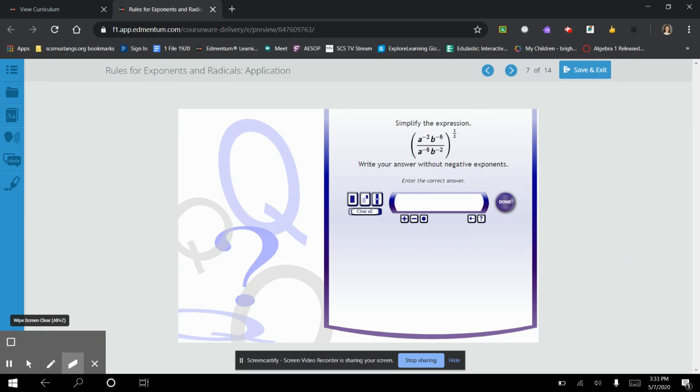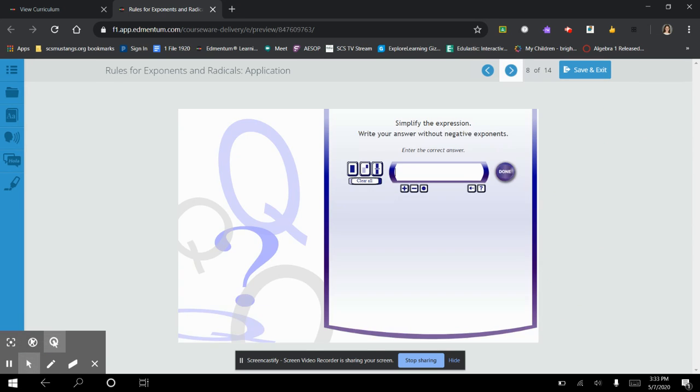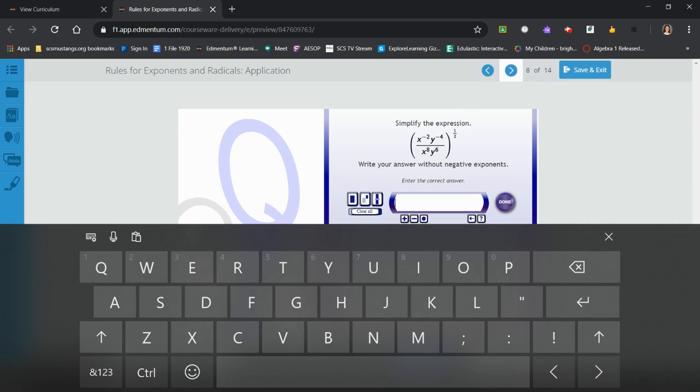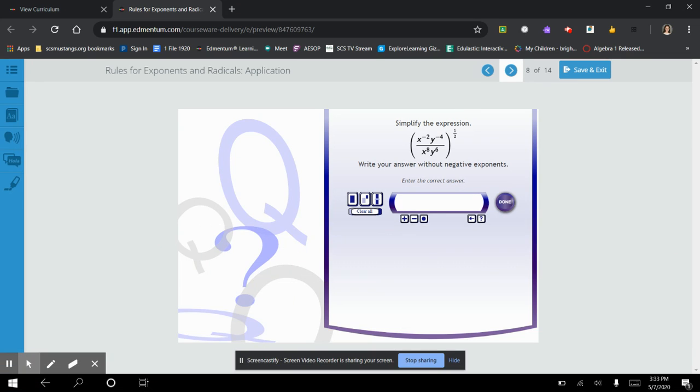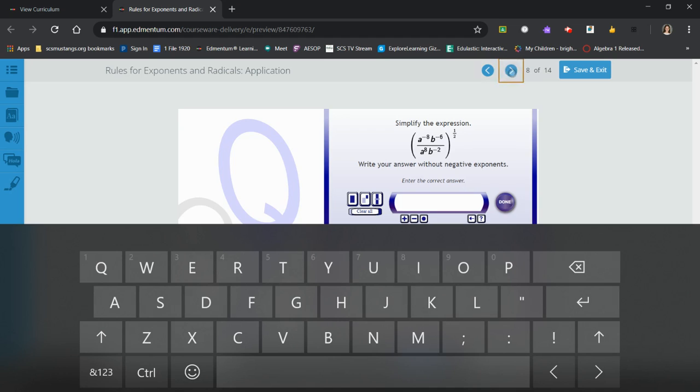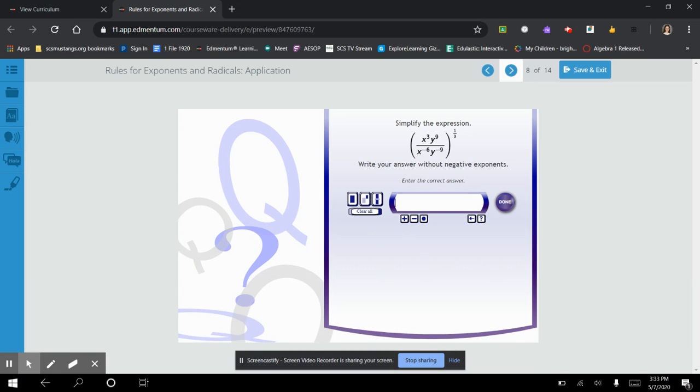Looking at the next one. Same idea as the last one. Let me see if I can get something else other than a 1/2. There we go. There's a 1/3. Okay, so looking at this one, it's going to be the same exact idea that I did before.